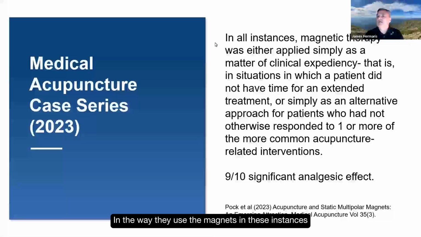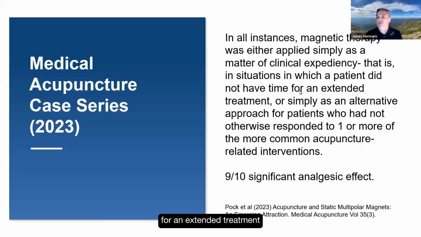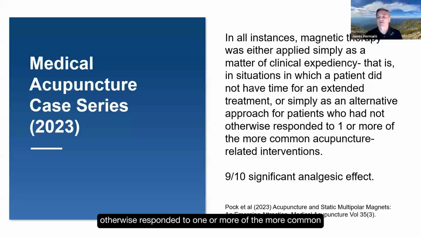And in the way they used the magnets in these instances, they were applied simply as a matter of clinical expediency, and in situations in which the patient didn't have time for an extended treatment, or simply as an alternative approach for patients who had not otherwise responded to one or more of the more common acupuncture-related interventions.